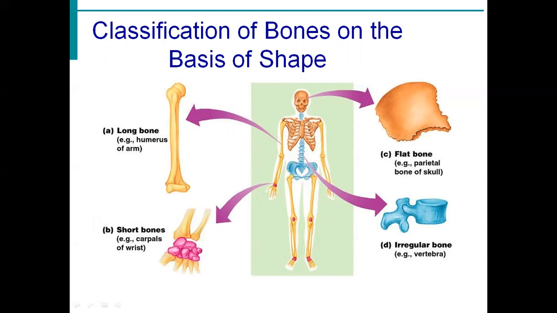Long bones are essential for movements mainly. For example, humerus, which is located in the hand. Short bones are responsible for fine work, for example, carpal and metacarpal bones.